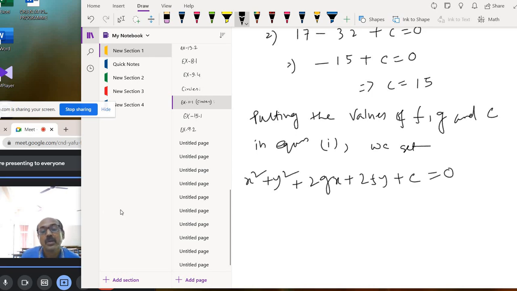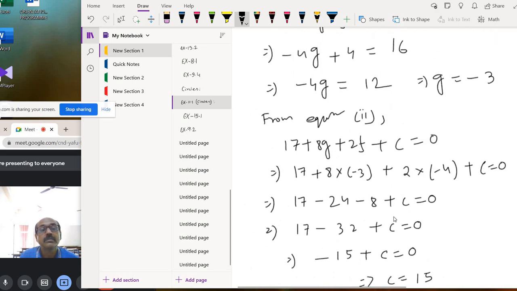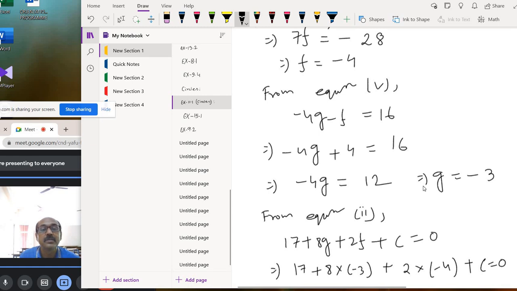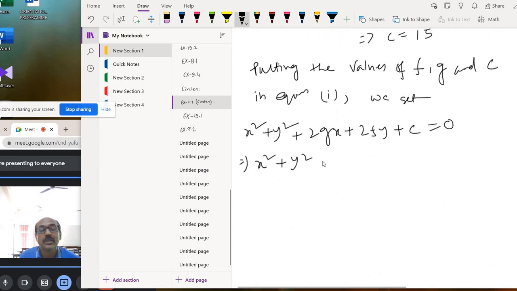With g equal to minus 3 and f equal to minus 4, we get x squared plus y squared minus 6x minus 8y plus 15 equal to 0. This is the required equation of the circle. This is the answer.